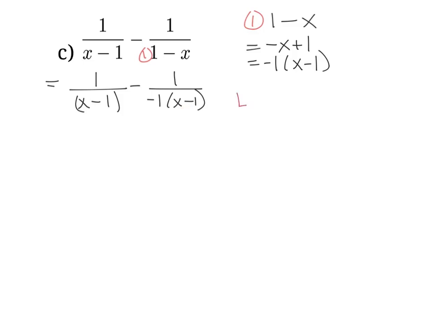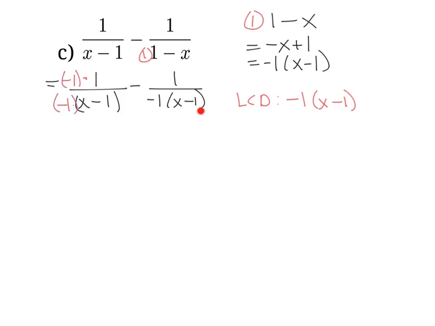So when we make our lowest common denominator, my lowest common denominator is negative 1 times (x minus 1). The reason is because I can make this denominator look like this denominator by just multiplying by negative 1. So I'm going to put a negative 1 over here, multiply this by negative 1. Therefore, I also have to multiply my numerator by negative 1.